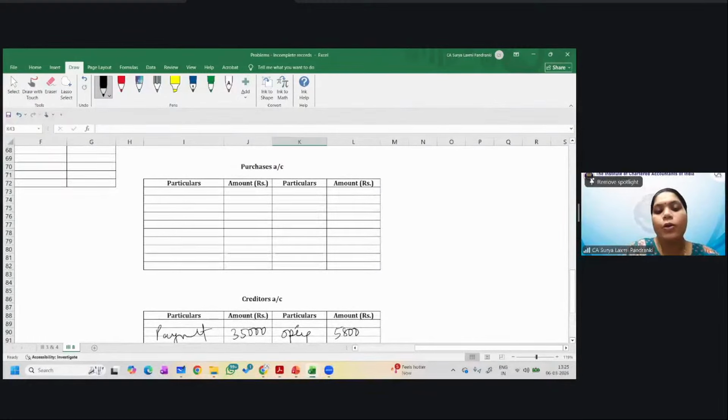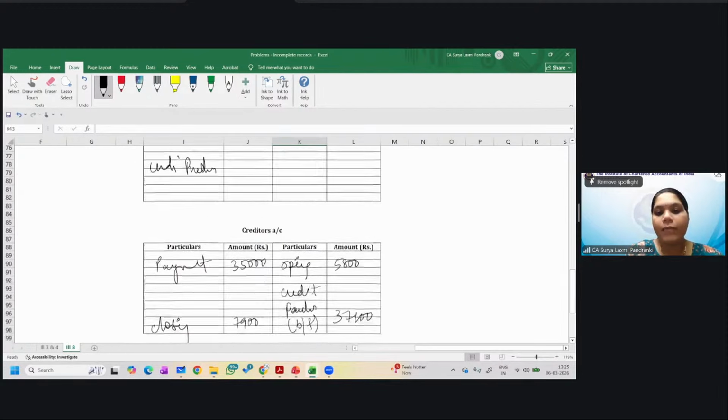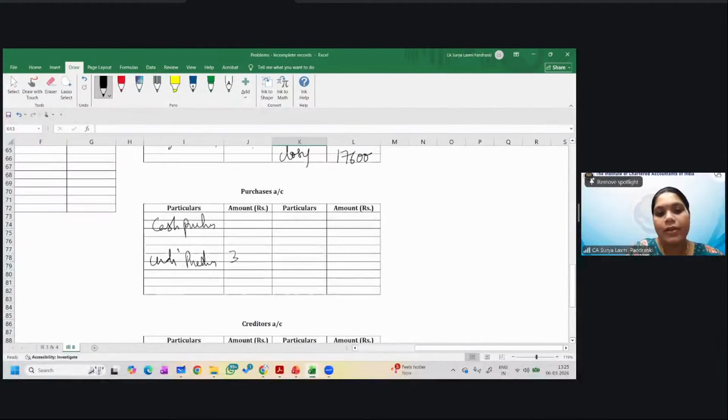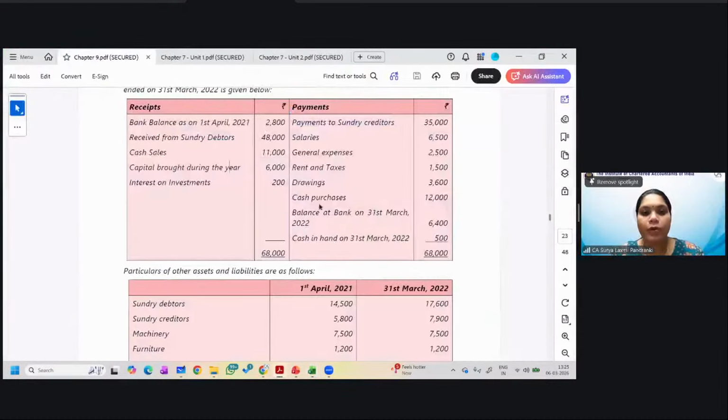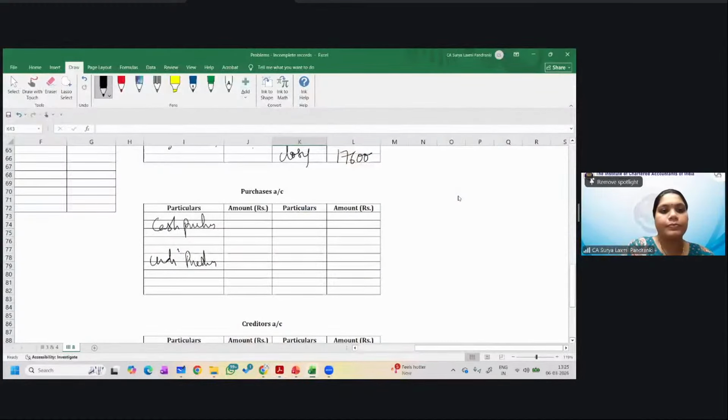So in your purchases account, what all will come? Cash purchases should be one thing and credit purchases another. Credit purchases will come from the account below, which is 37,100, and cash purchases will come from your cash book. In your cash book, do you have cash purchases given? Yes, we have cash purchases of 12,000.